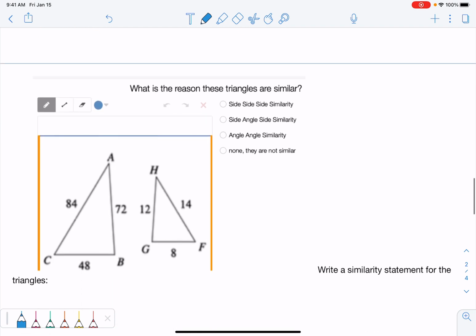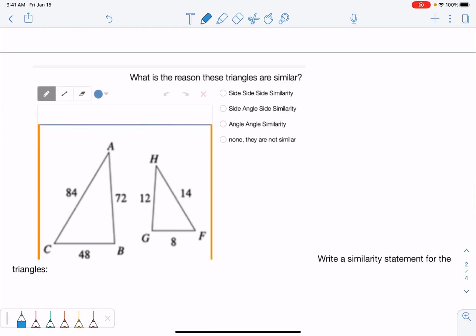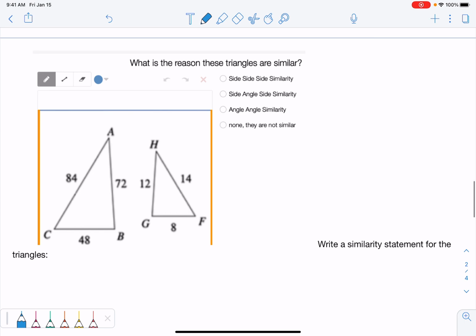Let's do another. Why don't you pause the video and try this one on your own. Okay, let's go over it. So first, identify your corresponding sides: the smallest side, smallest side, the middle length, and the middle length, and the largest.